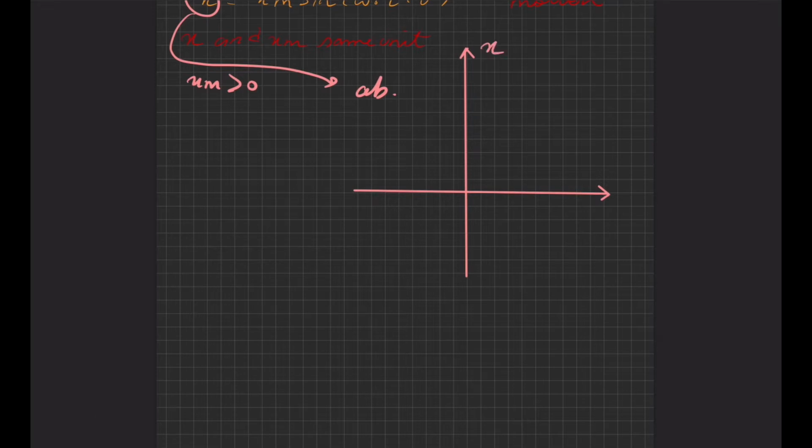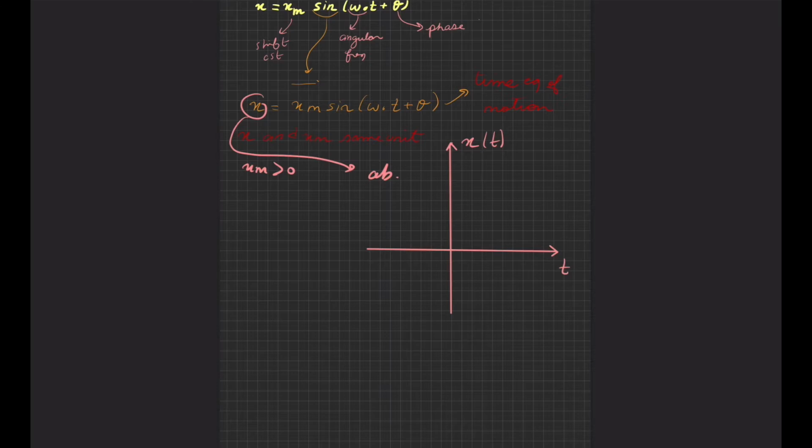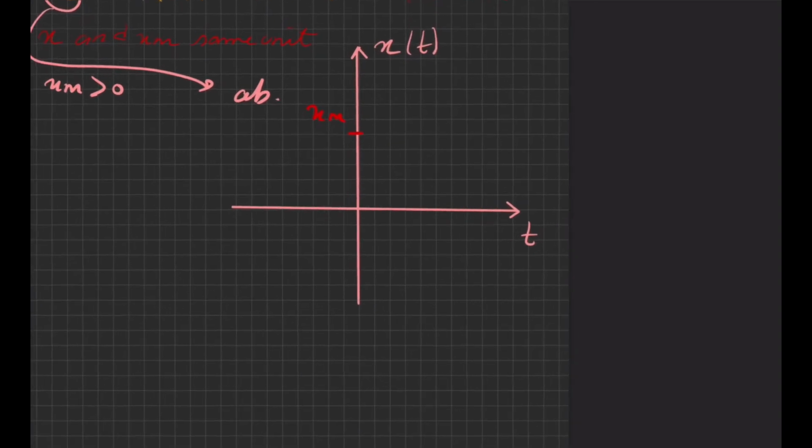So here we have x as a function of time, and here we have the time itself. We start at xm, so our sine function won't start at 0, it will start at a maximum. That's a very high xm. Let's make it a bit lower. So here's xm, that's just this color.